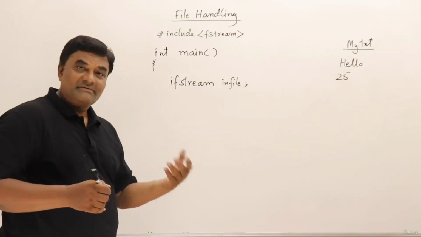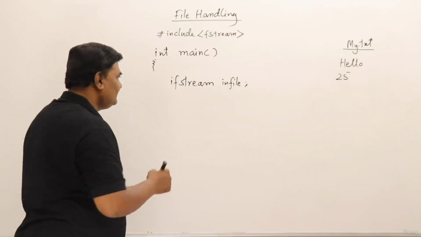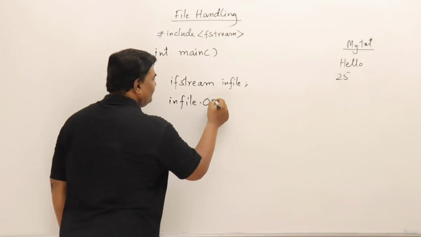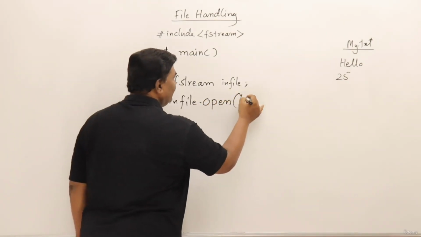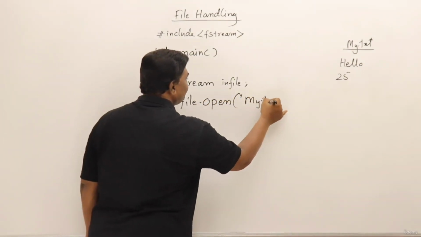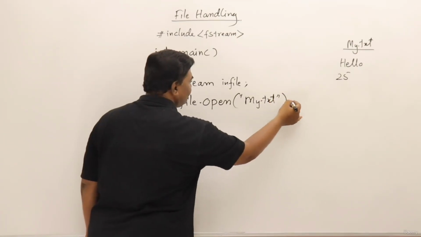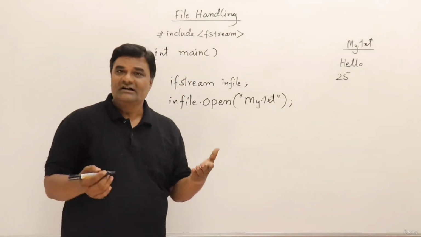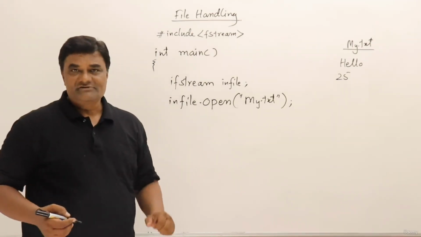Now we will see the other method of opening a file. So inFile.open. What's the file name? my.txt. That's it. And we are using an input file stream, so we are making it for reading purpose only.